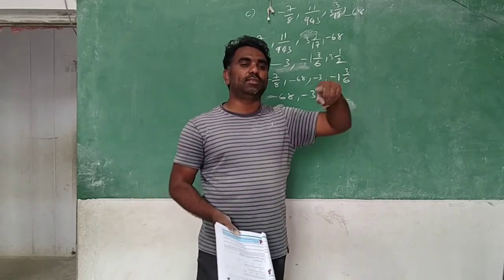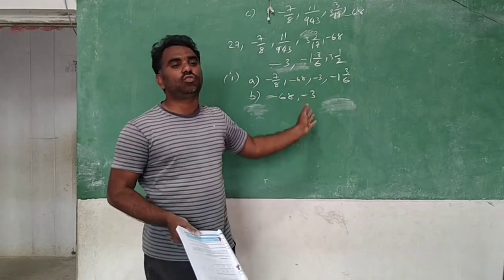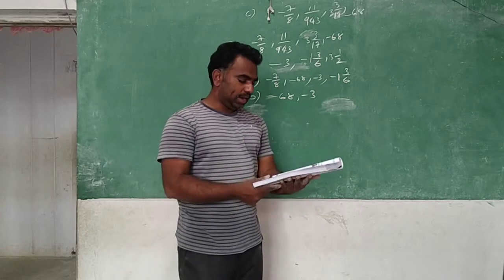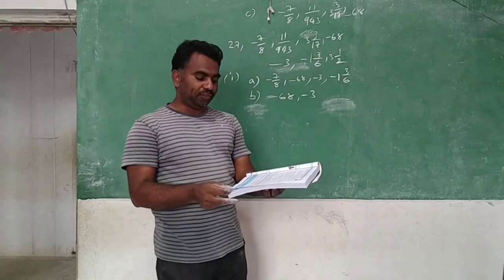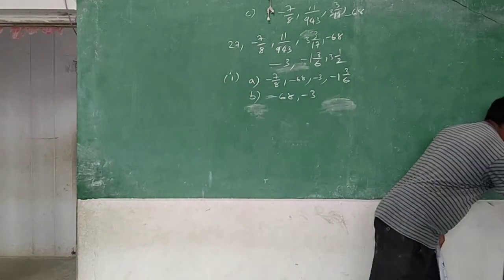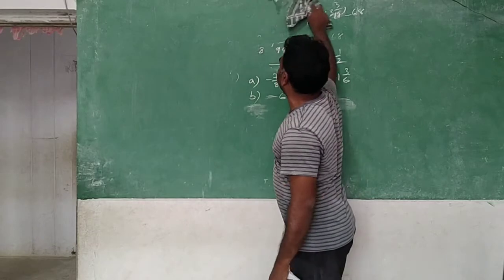Minus 5 by 2 converted will be minus 2 1 by 2. Which are right of minus 2 1 by 2? So you can answer all these. Next, on page 53 there is one, try this. So watch the video bit by bit and complete the homework.